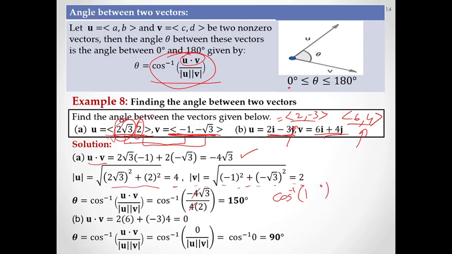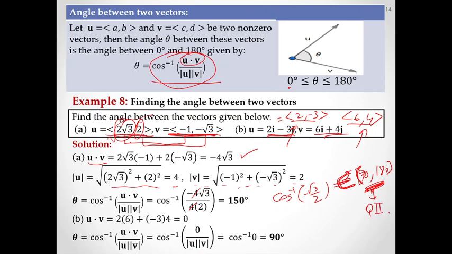So I will do this one now: cosine inverse of negative square root of 3 over 2. This is how we calculate quickly. The first thing is that this angle will be between 0 and 180. From 0 to 90, cosine is positive, so you can directly say this has to be between 90 and 180 degrees, for sure. So this is quadrant 2.